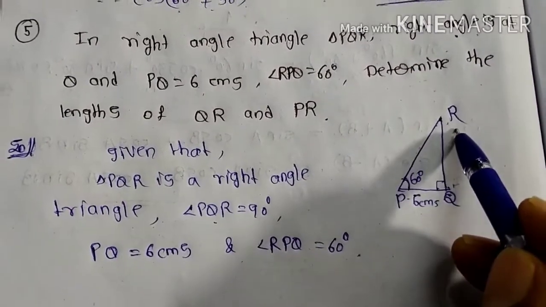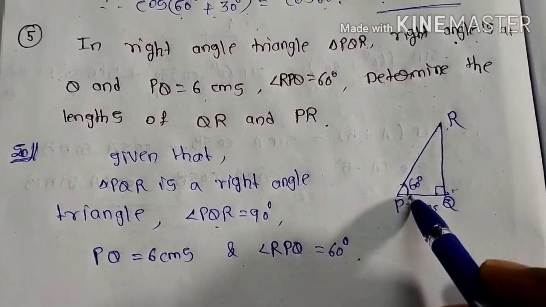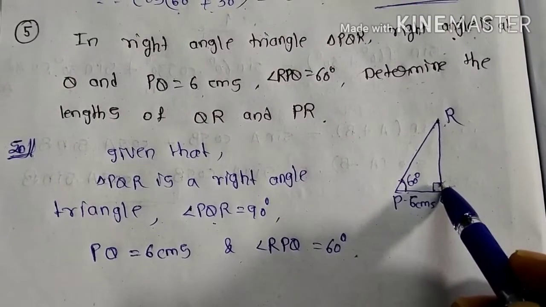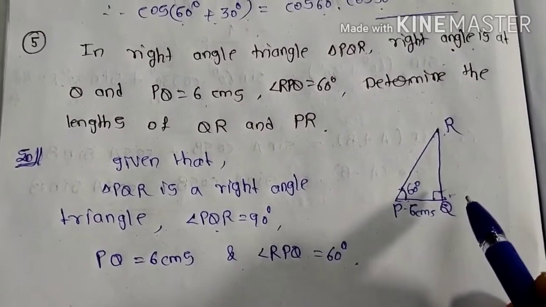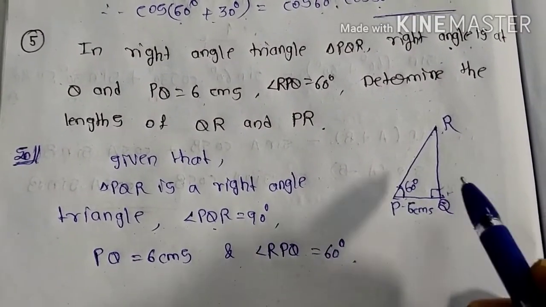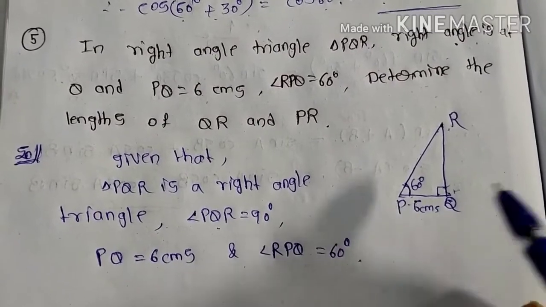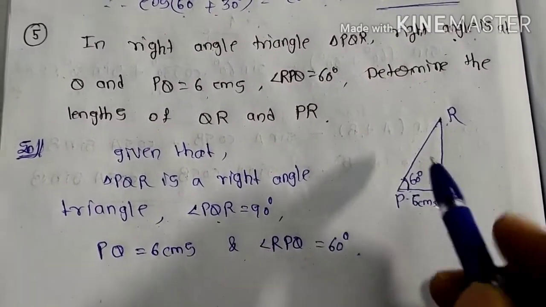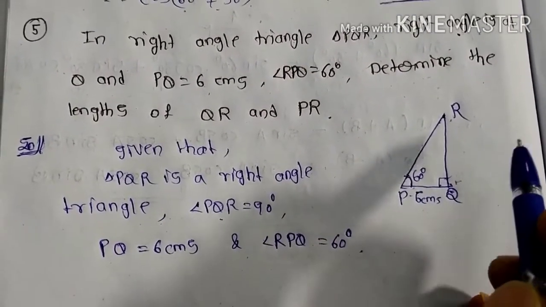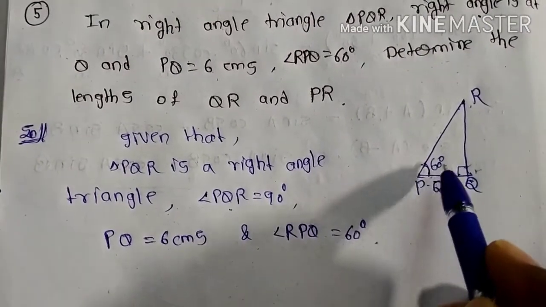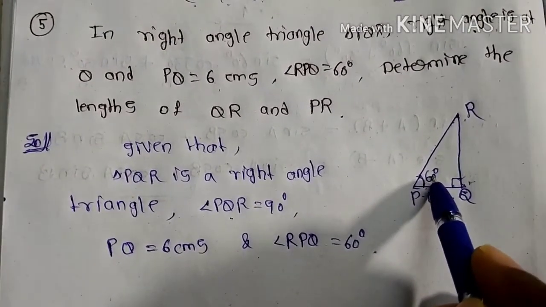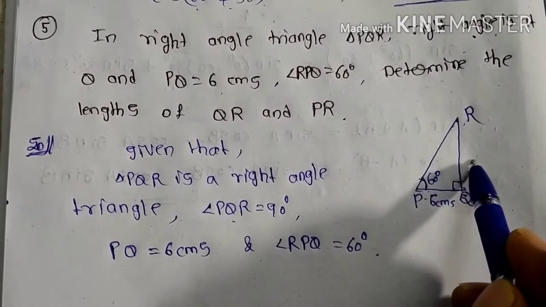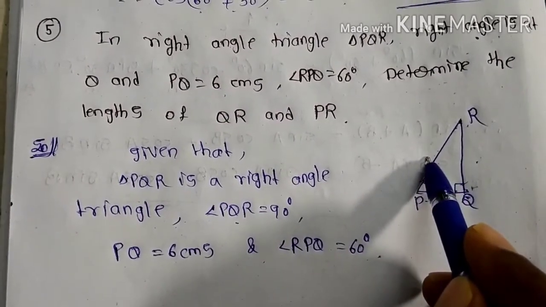See, how can you find QR? Once you observe here, what can I use here? Sine formula or cos formula? If I am using sine formula, sine theta is equal to opposite side by hypotenuse. Do you know the hypotenuse?